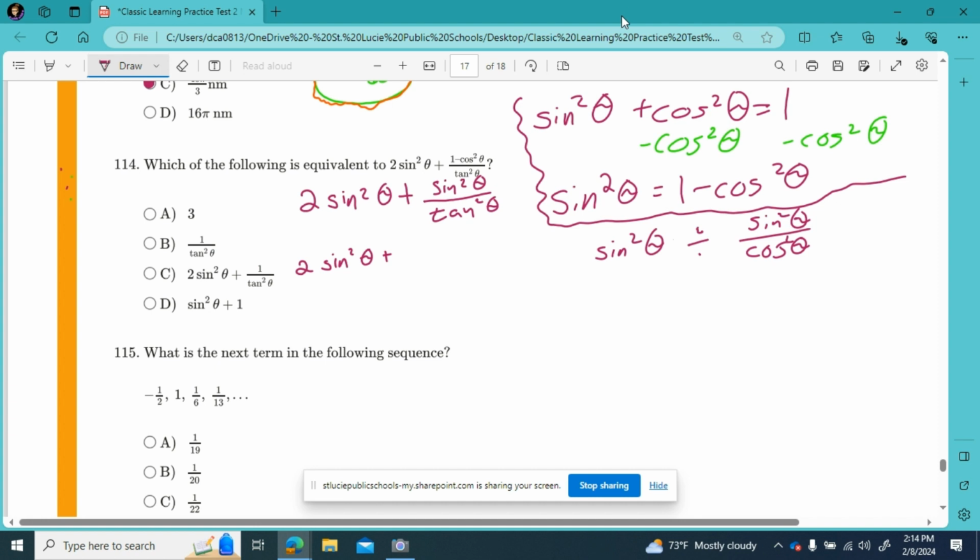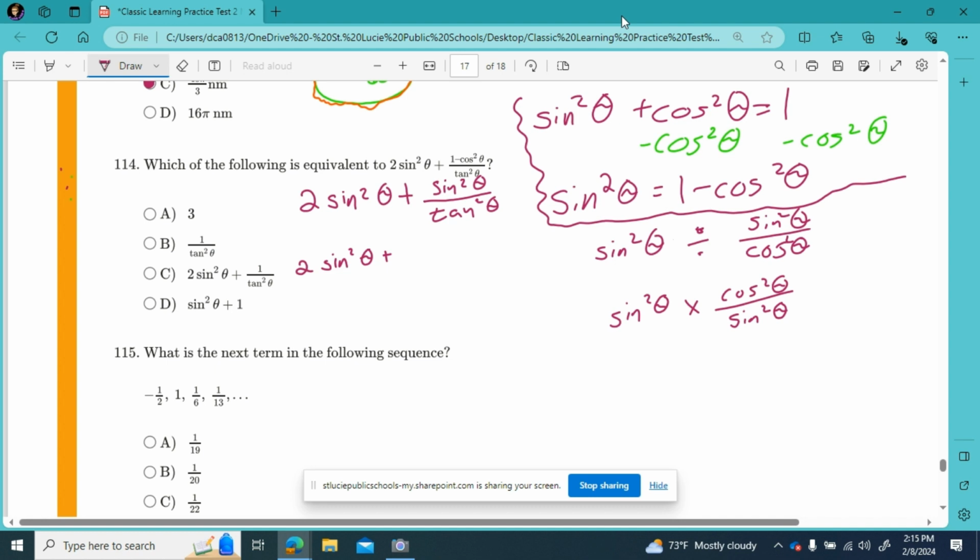I'm going to treat this like dividing fractions, where I can say, okay, keep, change, flip. That becomes sine squared theta times, flip it, cosine squared theta over sine squared theta.